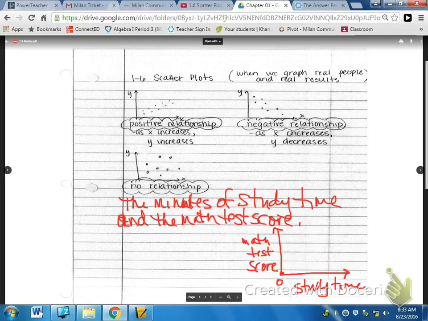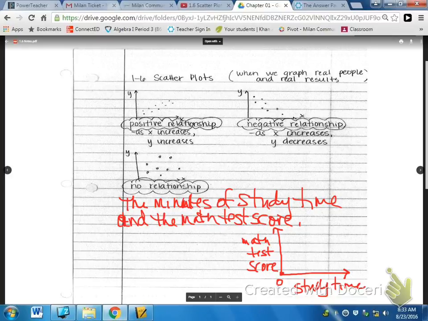All right, this is one of those situations where it's definitely scattered, because you know those people, and sometimes you kind of don't like them because they don't have to study at all and they're going to get an A on that test no matter what. There's people like that, right? Unfortunately.